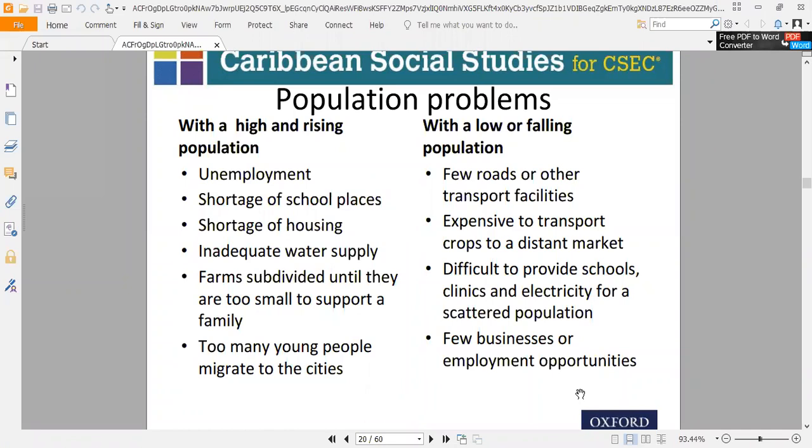So that is when the population is high and rising. When a population is low or falling, then we have few roads or other transport facilities, expensive to transport crops to a distant market, difficult to supply schools, clinics, and electricity for a scattered population, few businesses or employment opportunities.